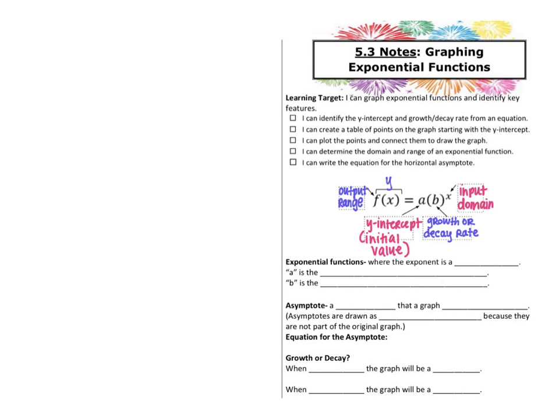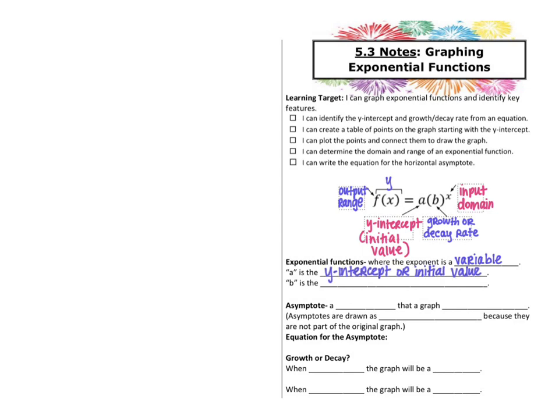So let's talk about it. Exponential functions are functions where the exponent is a variable, right? That's why the x was to the power of x. The exponent is a variable. And again, let's just talk about what is a and what is b. Well, a is the y-intercept or the initial value.